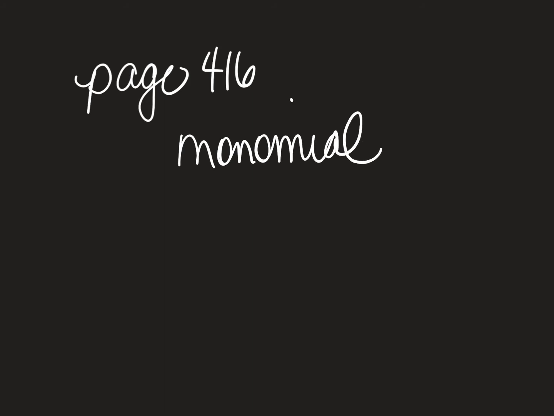Now, remember that a monomial is an algebraic expression that has one term, okay? Now, that one term can include like 2x to the third, y to the second, z. That's still one term because terms are separated by addition and subtraction signs, not multiplication.